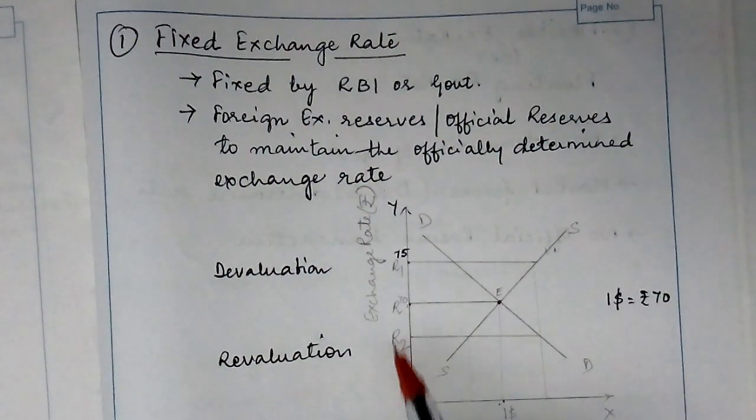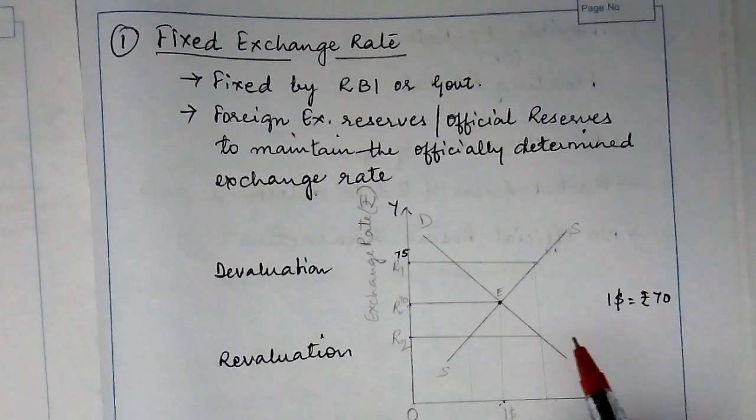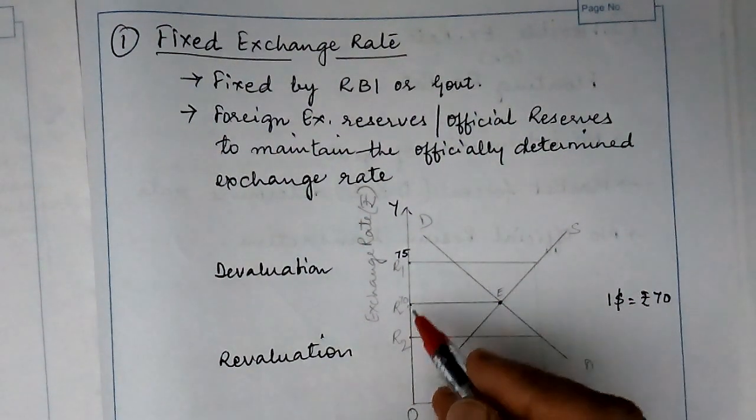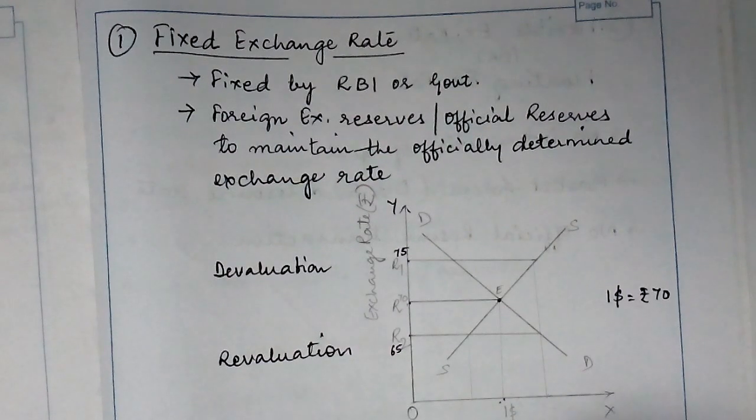Again, when the government decreases the foreign exchange rate, it makes the domestic currency costlier in terms of foreign currency. That means from 70, let us say it goes down to 65. This is called revaluation of domestic currency.